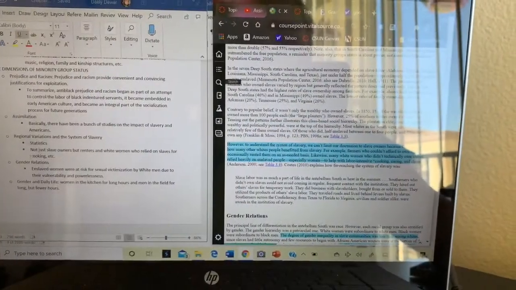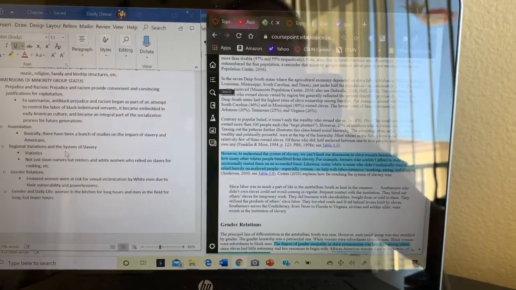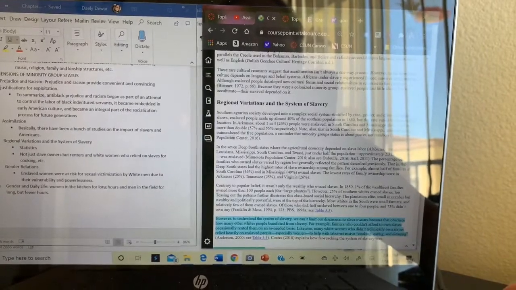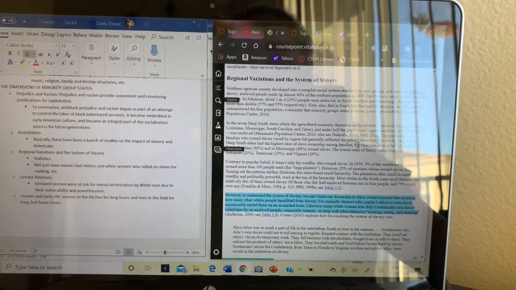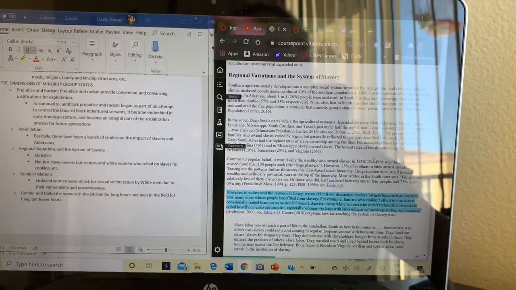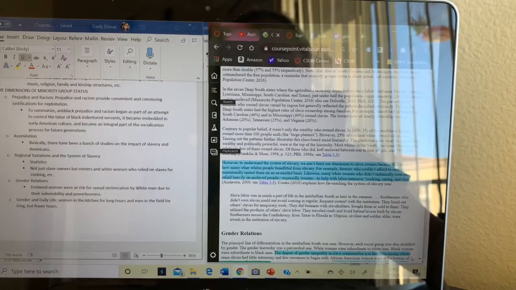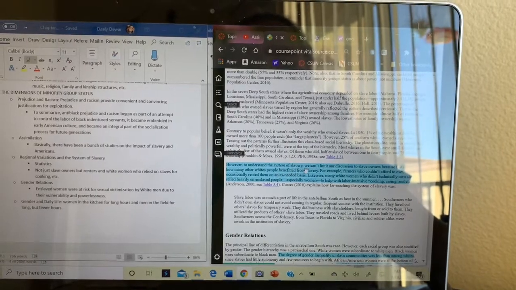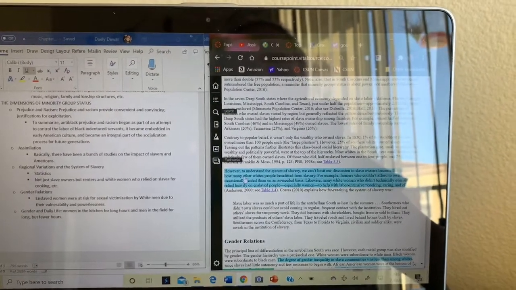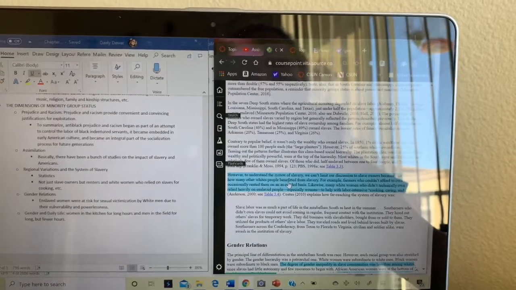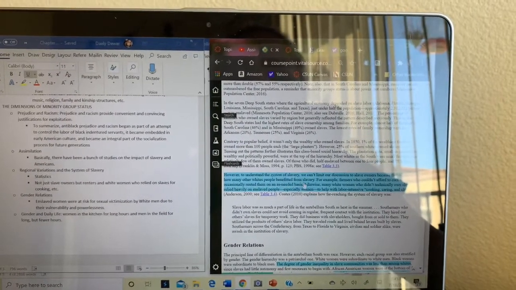So after assimilation, we have regional variations and the system of slavery. It pretty much lists a whole bunch of statistics here, breaking it down by state. And then it mentions, to understand the system of slavery, we can't limit our discussion to slave owners because that obscures how many other people benefited from slavery.